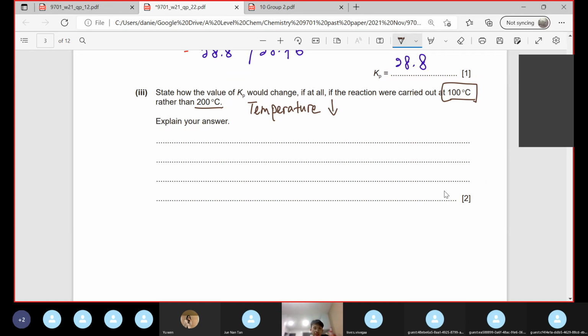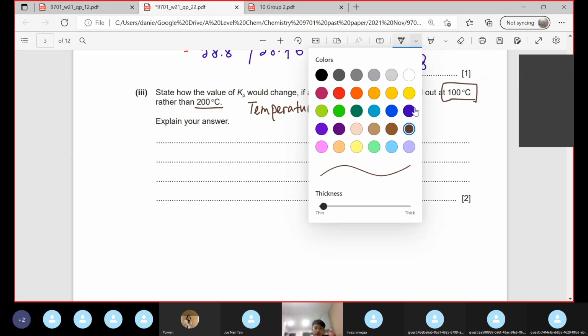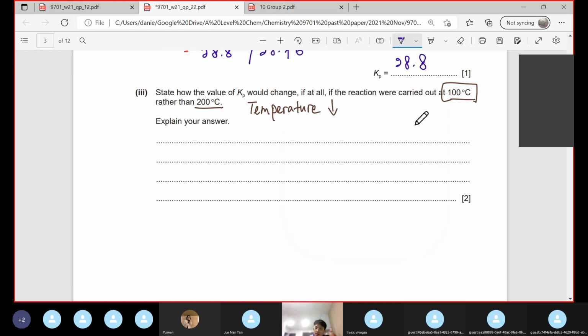So the system will tend to resist the change. The change is a temperature drop, so the system wants to resist the temperature drop. What is the system going to do? It will favor the exothermic reaction as it wants to release heat to resist the temperature change. Exothermic is the reverse reaction, right? So the equilibrium will shift to the left.